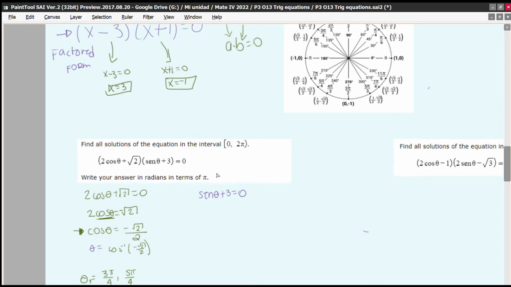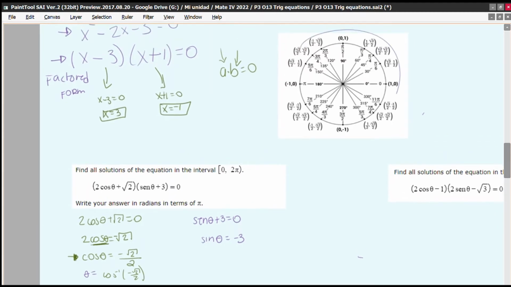So we're going to do the same thing with my second factor. And my second factor was the sine of theta plus 3. So remember, I have to leave my sine completely alone. So sine of theta equals minus 3. Now, here's when things become interesting.